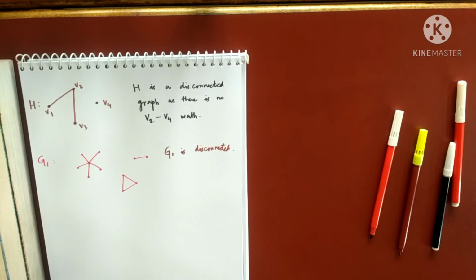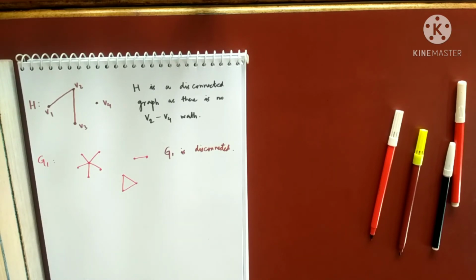But if there are 1000 vertices in my graph, then just by looking at the graph it is not possible to say whether you can find a path from every vertex to every other vertex. This is not a simple task, right? So we will do many theorems relating to that: how can we determine a graph is connected, and so on? I'll do those theorems in the next class.